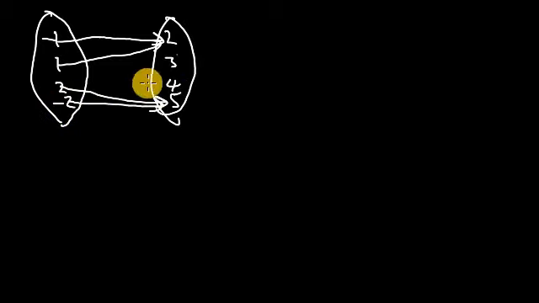Is this a one-to-one mapping or not? What would you say? Now, it turns out that more than one input, an element in the domain, is having the same output as an element in the codomain. Therefore, this mapping is not a one-to-one mapping.